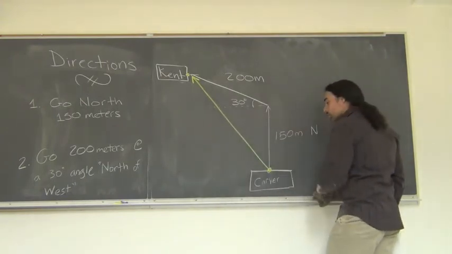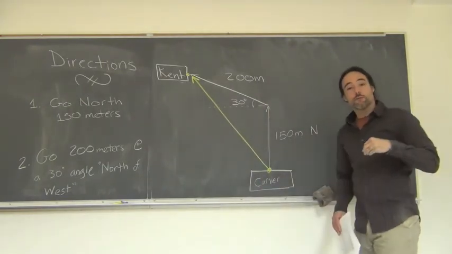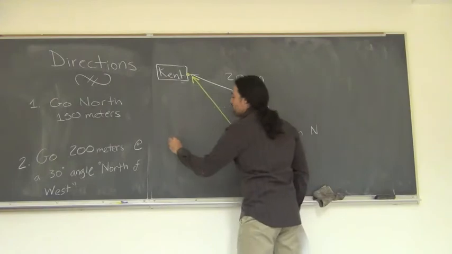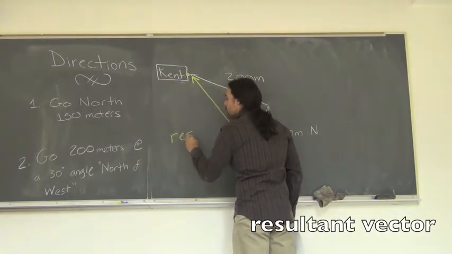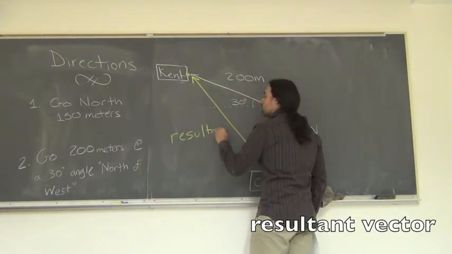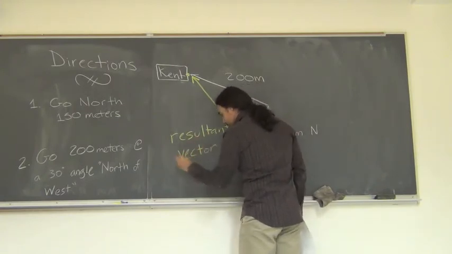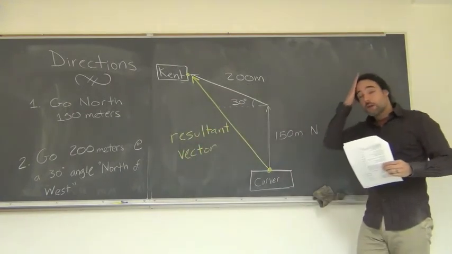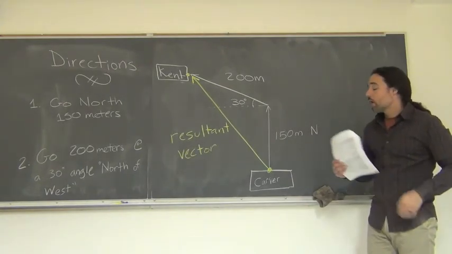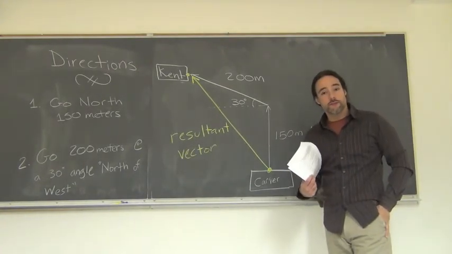We have a word for the vector we get when we combine multiple vectors. This is called the resultant vector, because it's the result of what we get when we combine these two vectors.